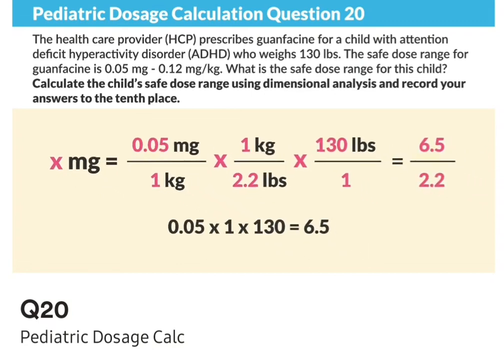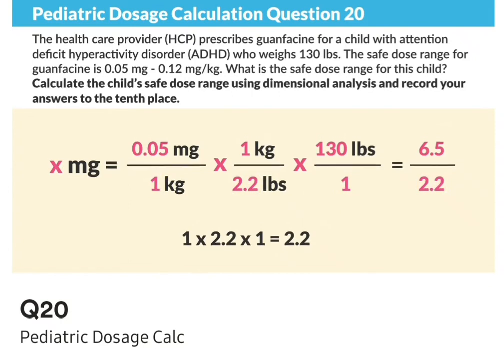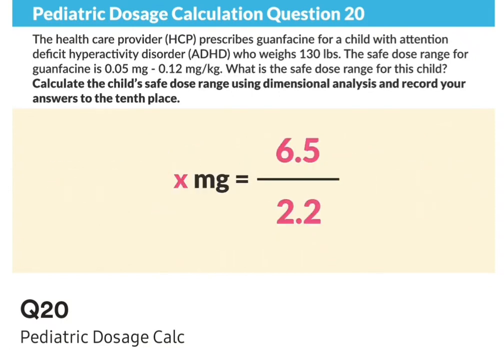Now multiply across on top and do the same thing on the bottom. So 6.5 on top now and 2.2 on the bottom. Now we get the number 2.95. And I know it's always tempting to round up, but we don't want to do that with pediatrics. So we have 2.9 for the lower end of the dose.